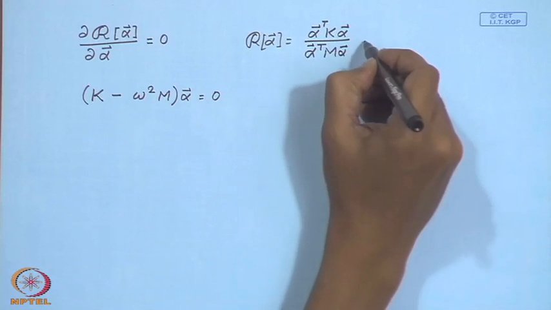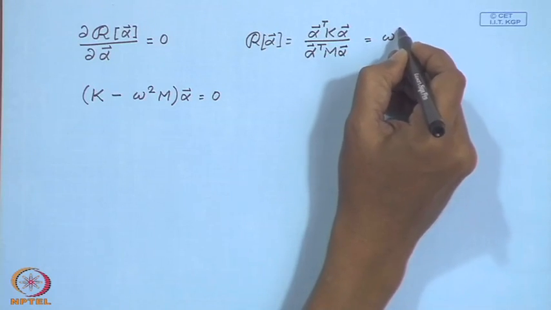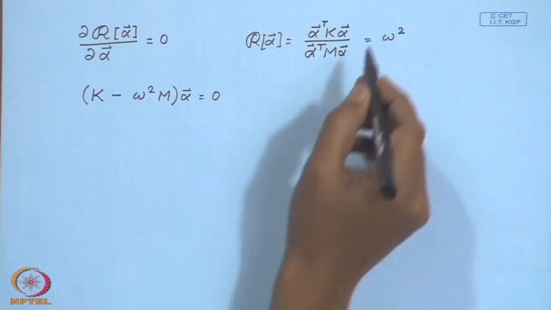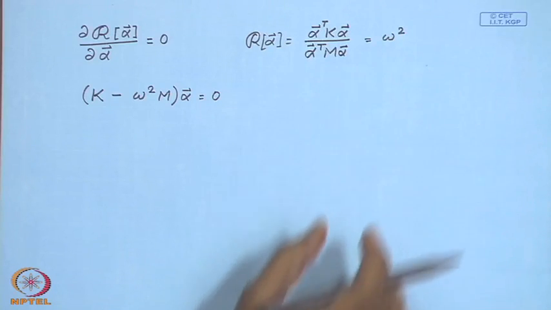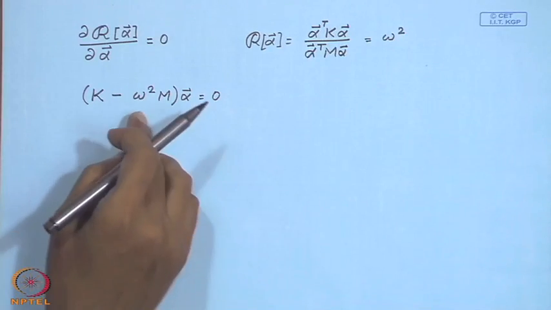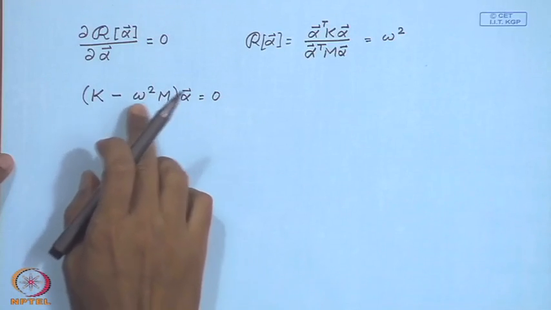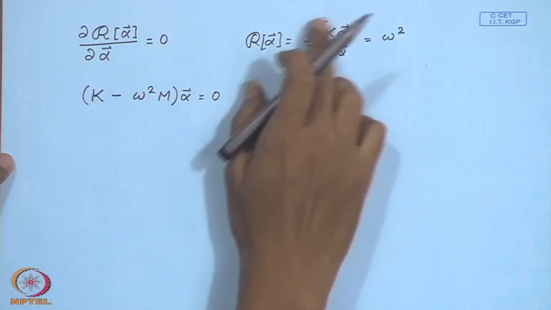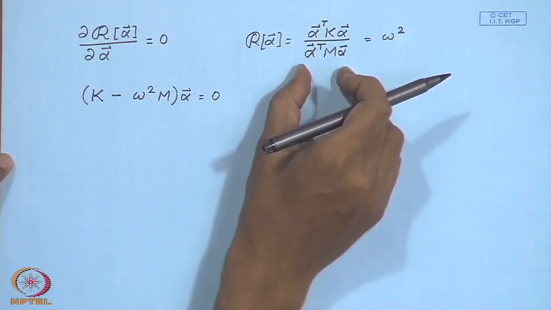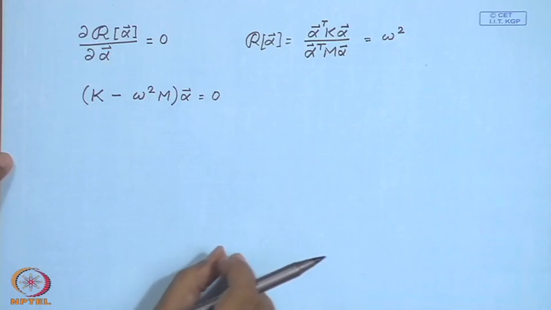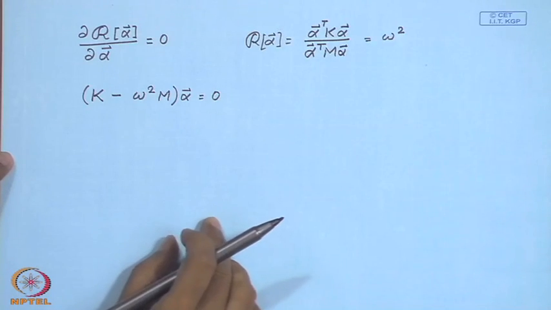We have used this expression here. So, if you perform the derivative, this coefficient actually turns out to be this ratio, which I am replacing by omega square.